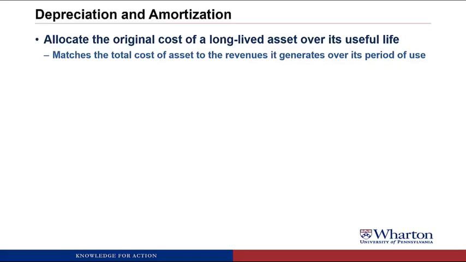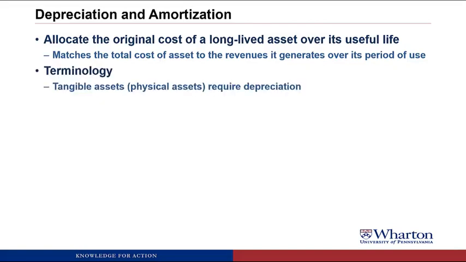Dave had bought a truck that he intended to use for 48 months. Instead of recognizing the cost of that truck as an expense in the first month, we spread the cost out over 48 months through depreciation to try to match the cost of the truck to the revenue we think it will generate in the future. Now, some terminology here.